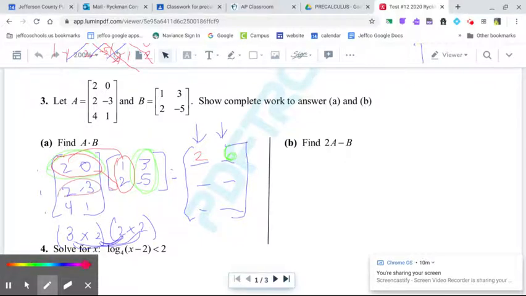Continue that. Now let's go to the second row and multiply. Second row is 2 times negative 3 times the first column is 2 minus 6. 2 times 1 plus negative 3 times 2 is 2, and negative 6, that's negative 4. Now we're going to multiply the second row times the second column. 2 times 3 and negative 3 times negative 5 is 6 plus 15, that's 21.